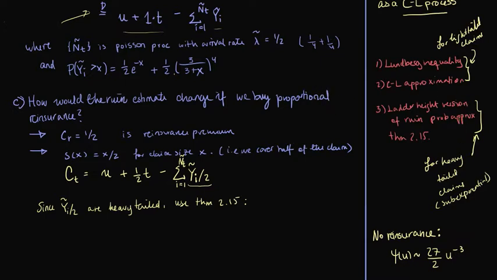And from theorem 2.15, we have that an asymptotic expression for the ruin probability would be, well, what is it? It's the claim arrival rate, which is still 1/2, divided by the premium rate, which is now 1/2 instead of what was previously 1.